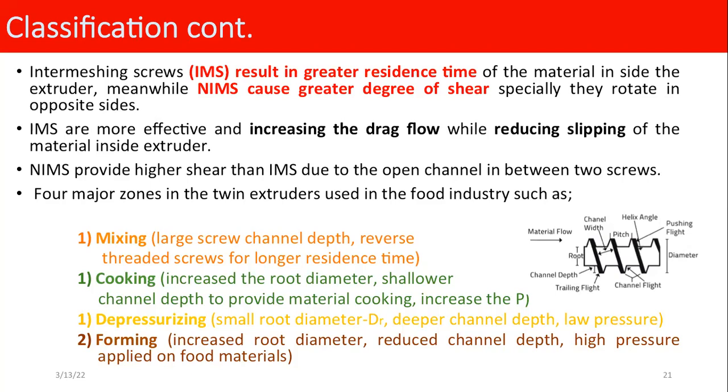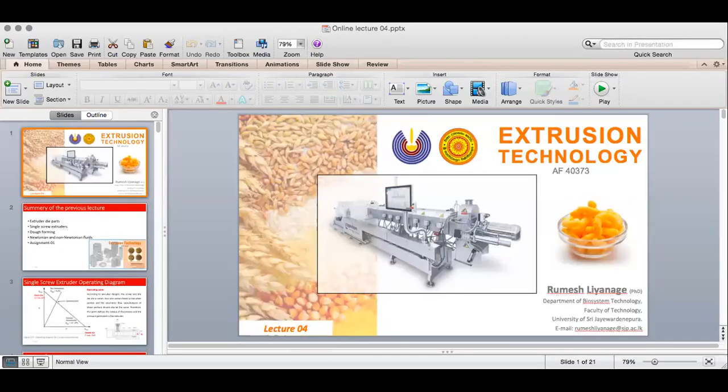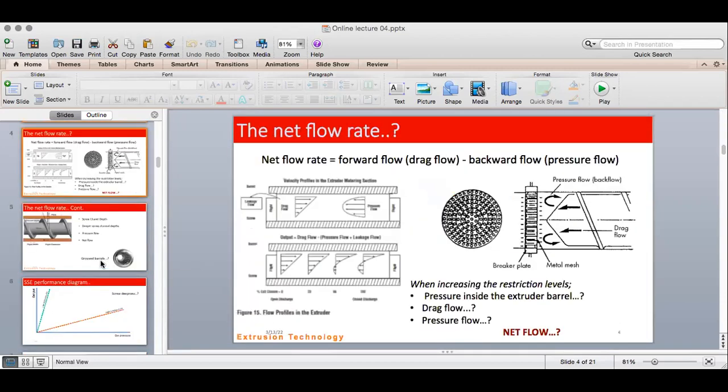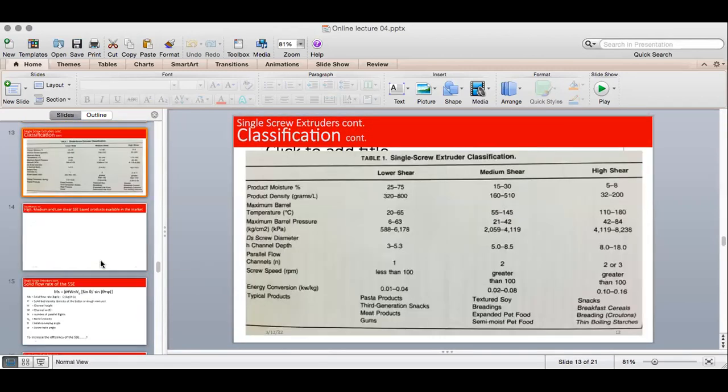Right? So there are different zones in twin screw extruders. Right? Do you have any questions?